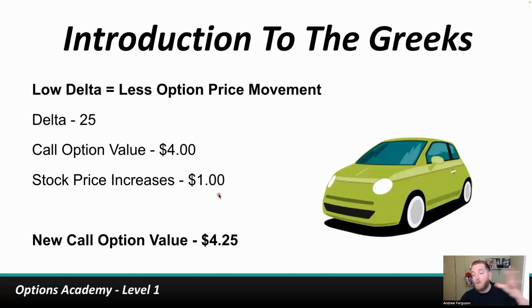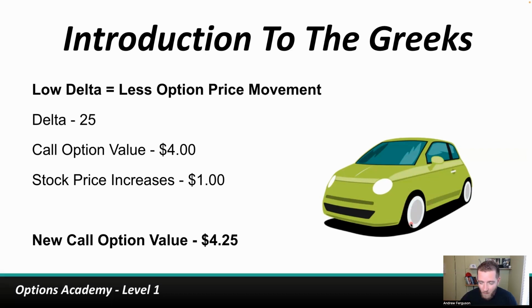When we go to a lower delta, think of your classic sedan with really crappy bald tires. It's not going to capture as much of the delta. Therefore, it's not going to capture as much of the move. So when the delta is only 25, and the call option value still is at 4, and the stock price again still rises by $1, instead of capturing 95 cents, because we have these little crappy tires on here, we're not having a lot of delta.